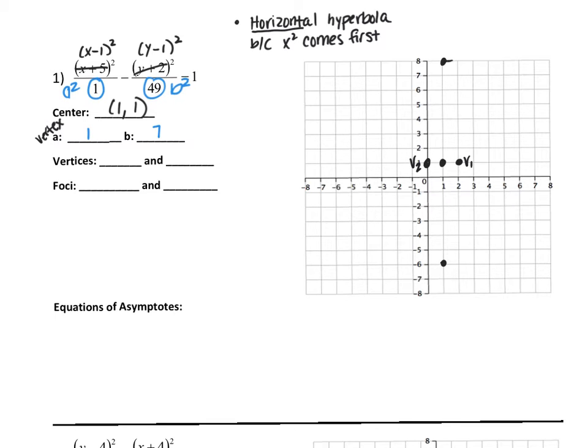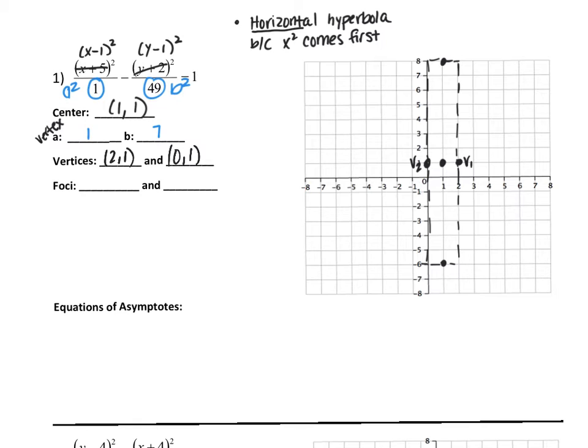And we're going to connect, and we'll make our box. This is the box that's going to help us create our hyperbola. So the vertices look like we have a point at 0, 1 and 2, 1. So we can label that 2, 1 and 0, 1.